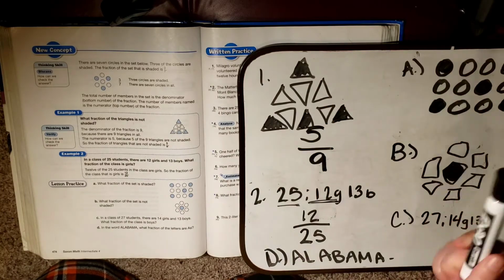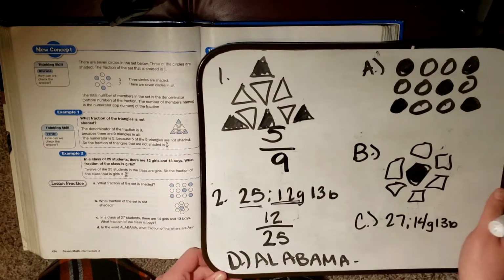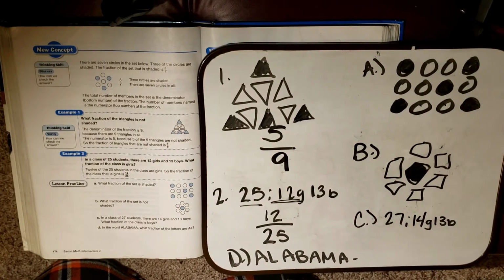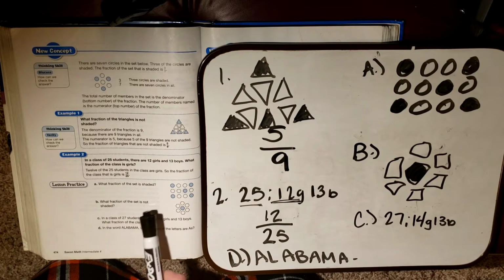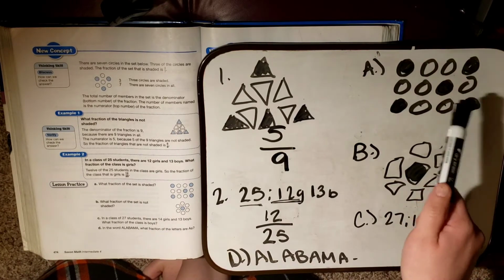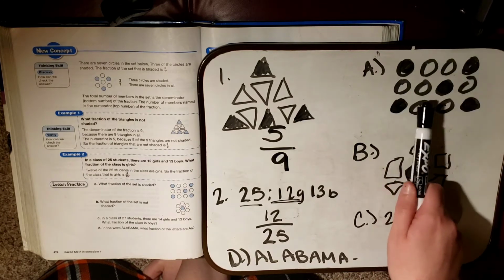I'm going to do lesson practice for A, B, C, and D with you. And I have them set up here. So this says what fraction of the set is shaded. So let's count how many there are altogether. 1, 2, 3, 4, 5, 6, 7, 8, 9, 10, 11, 12.